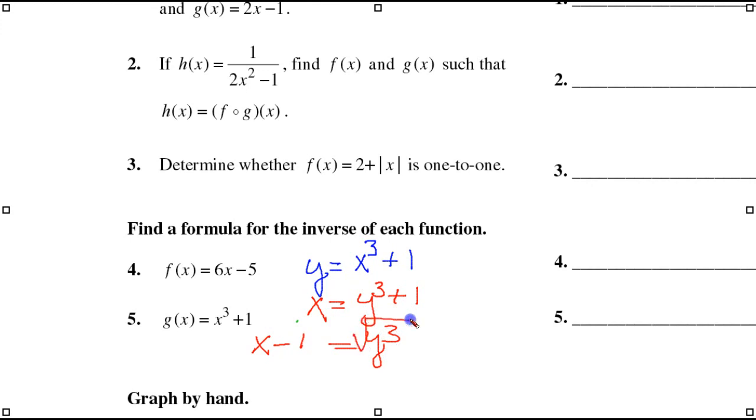And then we take the cube root of this and the cube root of the other side. So for number 5, it's going to be y equals the cube root of x minus 1. And remember, we replace this with inverse function.